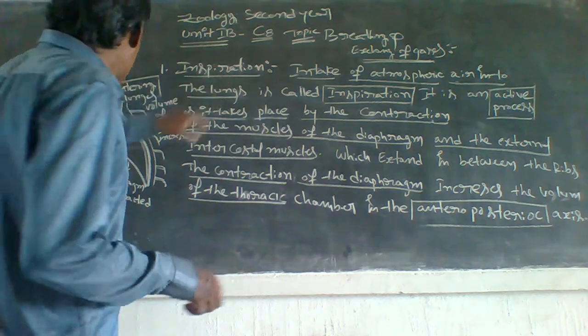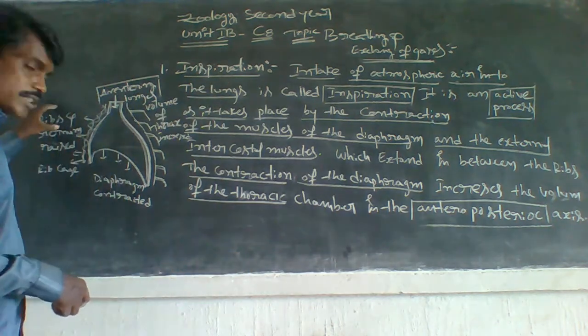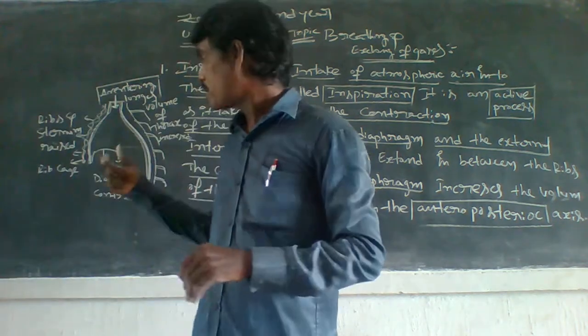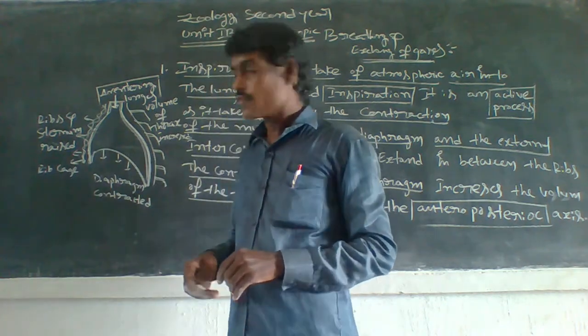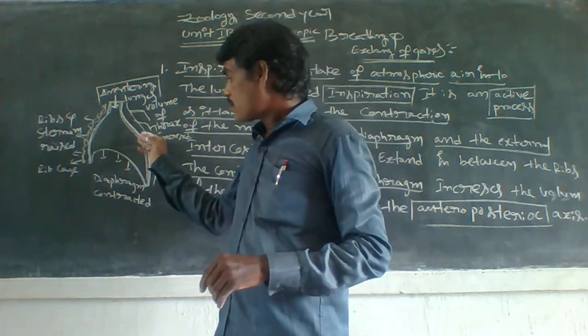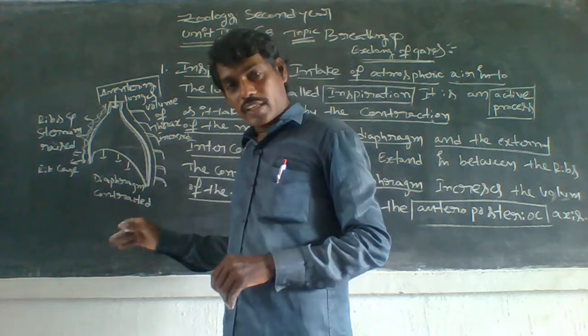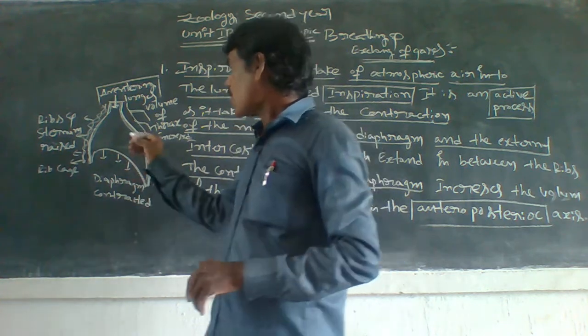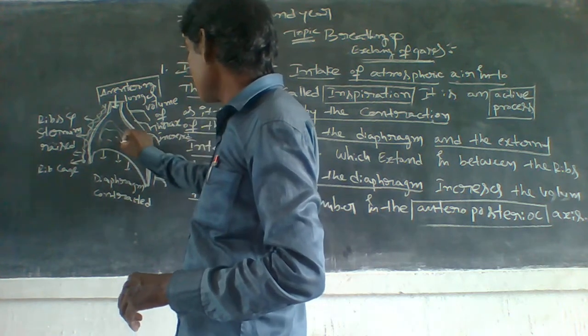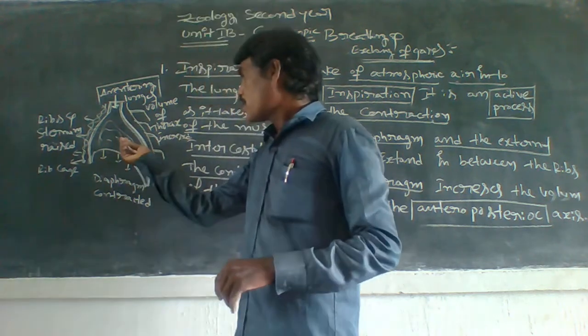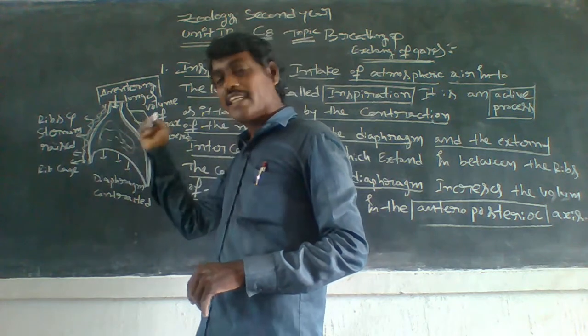First of all, the ribs and sternum rise. Next, the diaphragm contracts. This is the thoracic region, and its volume is increased.